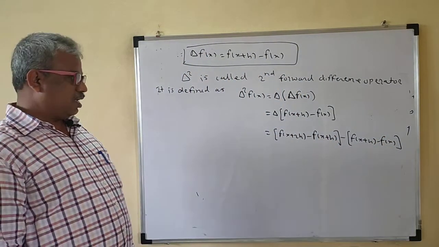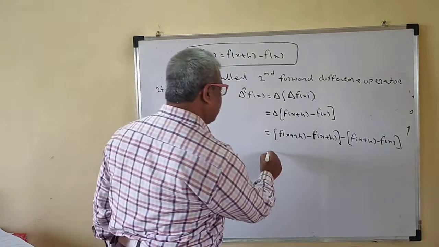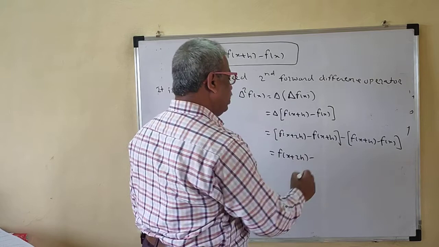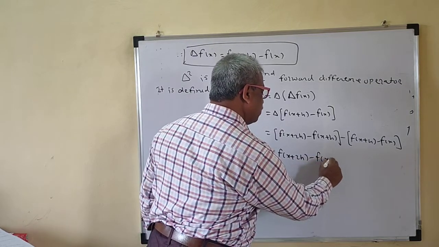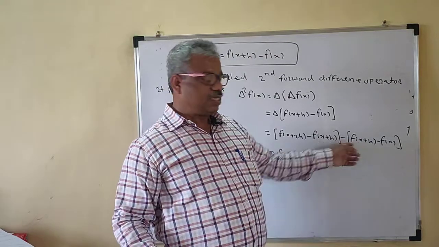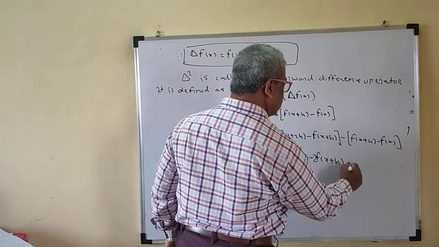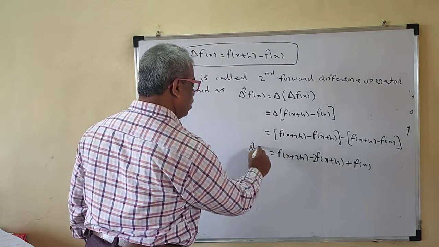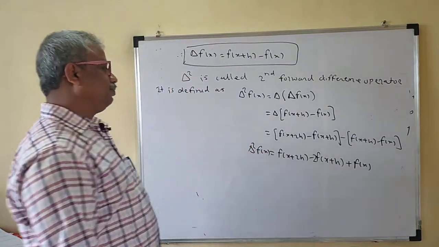So we simplify this. We get f of x plus twice h minus f of x plus h, and since minus and minus become plus, this is minus twice f of x plus h plus f of x. So your delta square f of x is this.